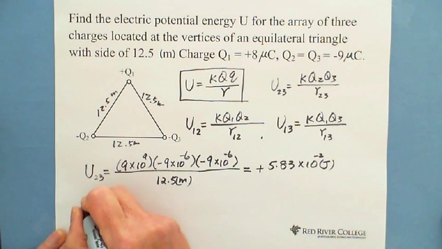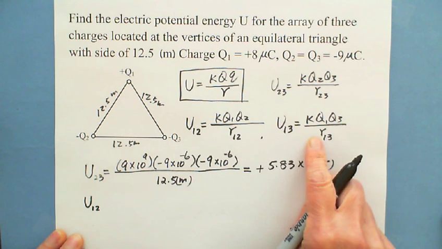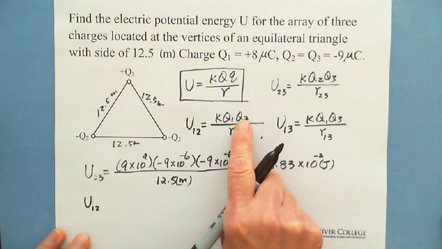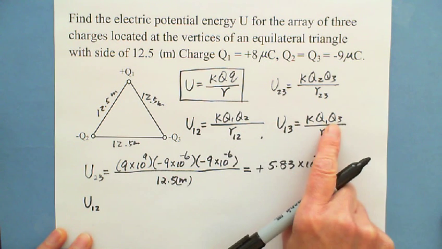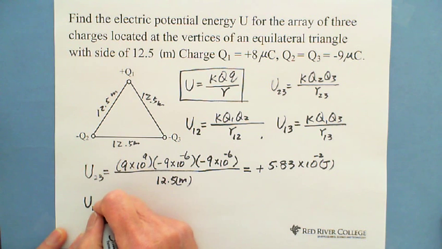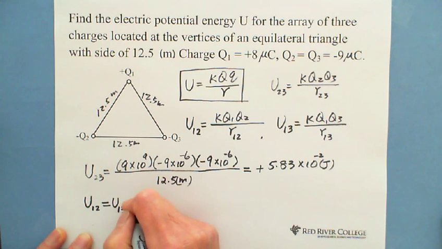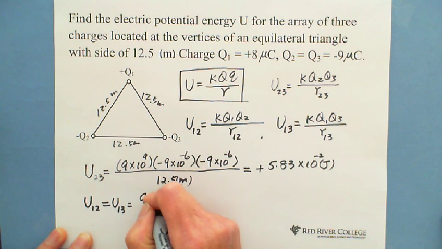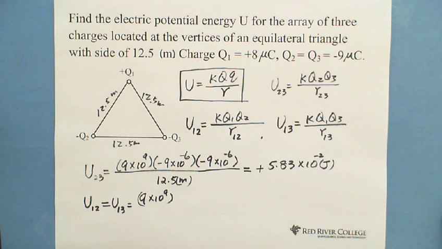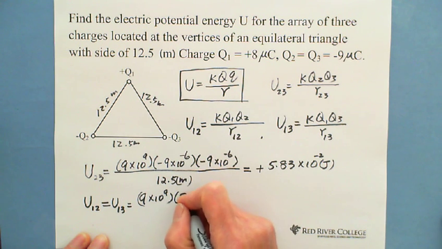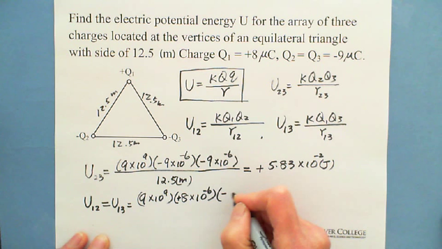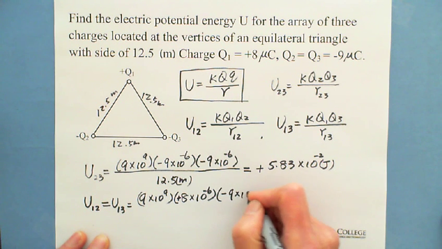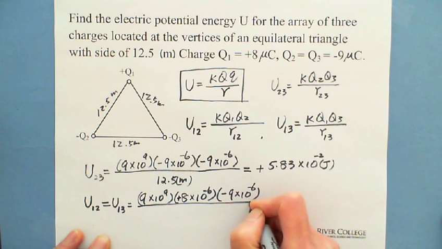Then we can calculate U12 and U13. Because Q2 equals Q3 and R is the same, Q1 times Q2 and Q1 times Q3 give the same answer, so U12 equals U13. Both equal 9 times 10 to the 9, Coulomb's constant, multiplied by the charges: 8 times 10 to the negative 6, because Q1 is positive, and the negative 9 times 10 to the negative 6 for Q2, divided by 12.5.